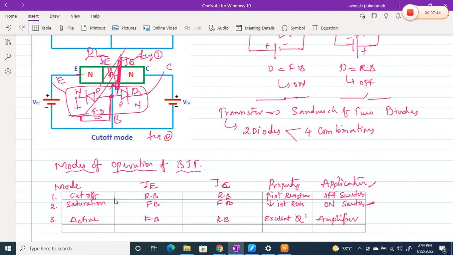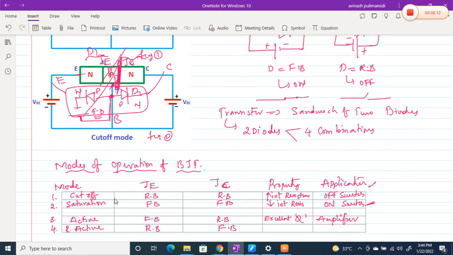Next, opposite to the active case is inactive, or reverse active. Reverse active means you have to reverse the biasing of the collector and emitter junctions. Instead of forward bias, the emitter junction should be reverse bias, and the collector junction should be forward bias.